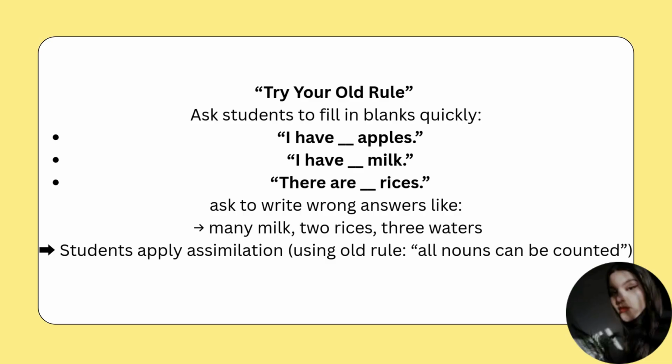I will ask the students to fill in blanks quickly, but to write wrong answers, like many milk, two rices, three waters. So here the students apply assimilation using the old rule that they had before: all nouns can be counted.